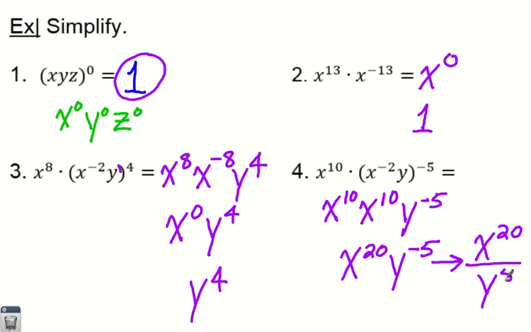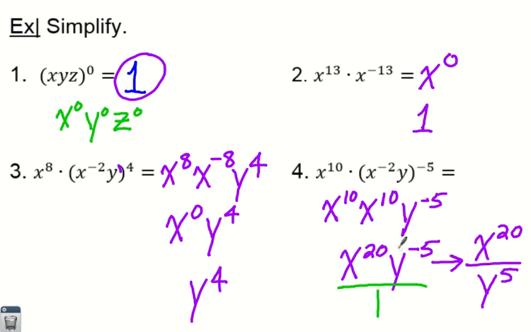And bam. Okay, to give a little more thorough explanation, like I said before, x to the 20th, y to the negative 5th, right now this is in the numerator, because if you wanted to make this into a fraction, you'd put it over 1, where 1 was in the denominator and this stuff was in the numerator.